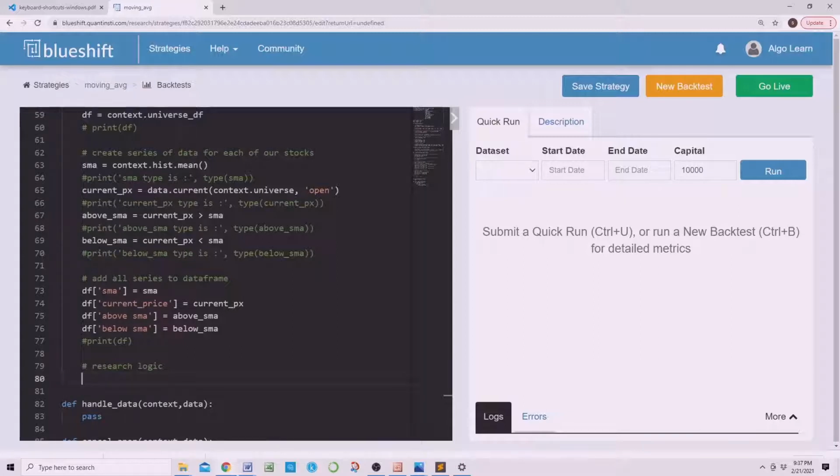And then we also want to find how many are below their 200 moving day average. And then we just want to know, okay, how many total stocks are we actually looking at? And you'll say, well, isn't it 483? Isn't that the length of our universe?